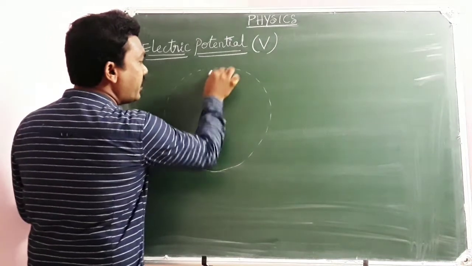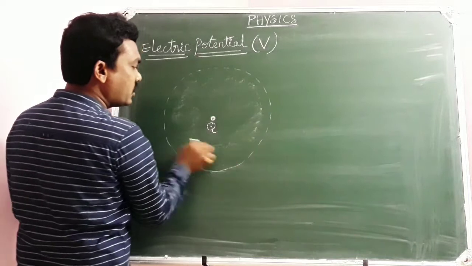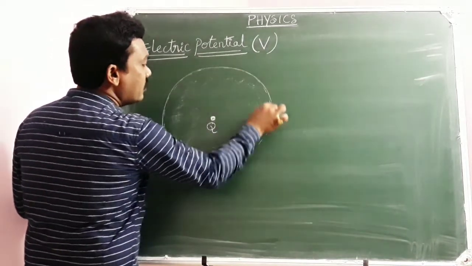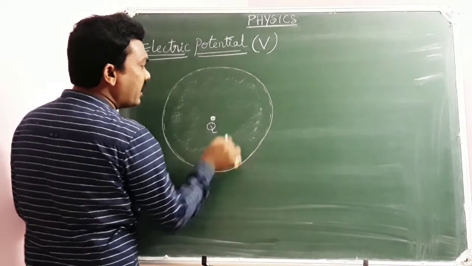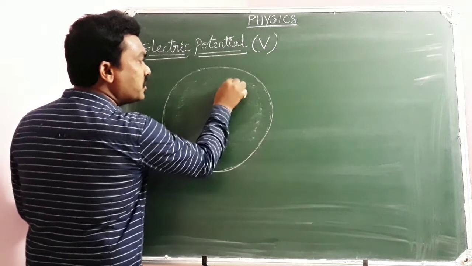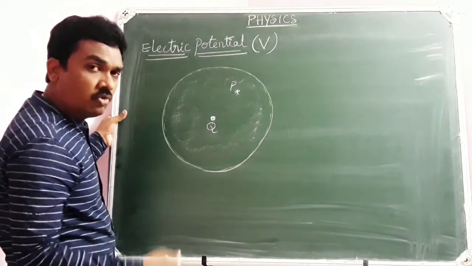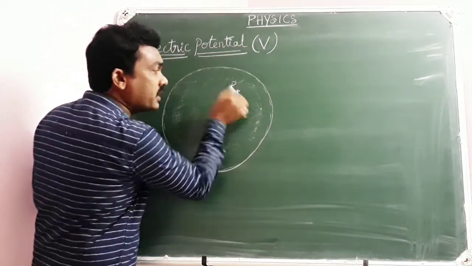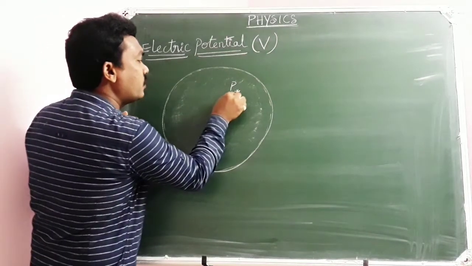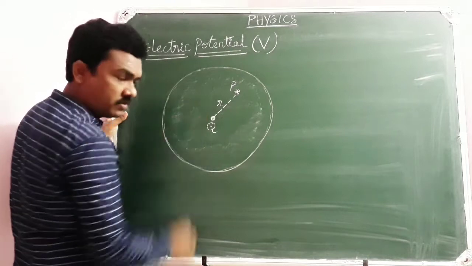This is all electric field due to the source charge Q. Now the strength of the electric field at a particular point can be measured as electric potential. But how to explain the electric potential at this particular point? To understand this, let us suppose the point is at a distance r from the source charge.